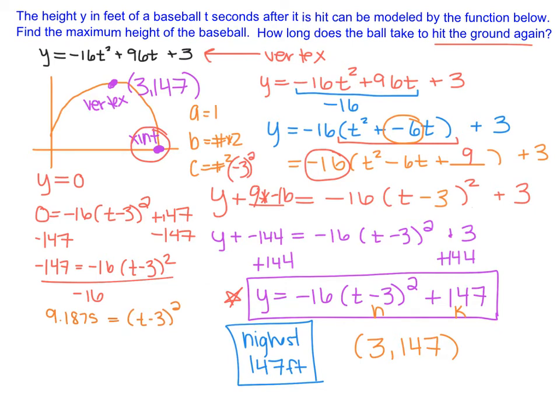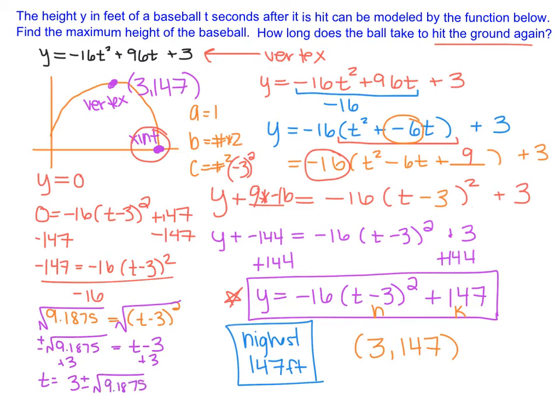So then from here, we're going to square root both sides to get the squared out of there. And I end up with plus or minus the square root of 9.1875 is equal to t minus 3. I can now add 3 to each side, and I get t equals 3 plus or minus the square root of 9.1875.